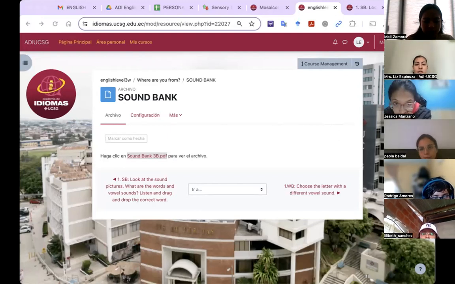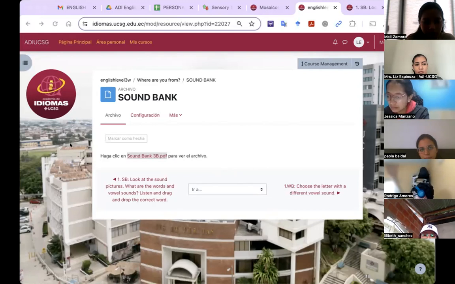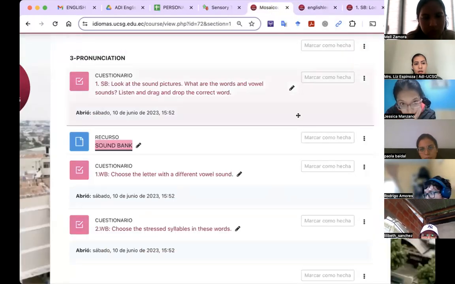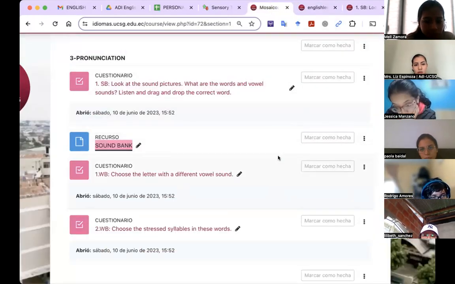This is the resource that you have in the vowel sound bank. This is something that you can mark as marcar como hecha, right? Because it's something that you only check.